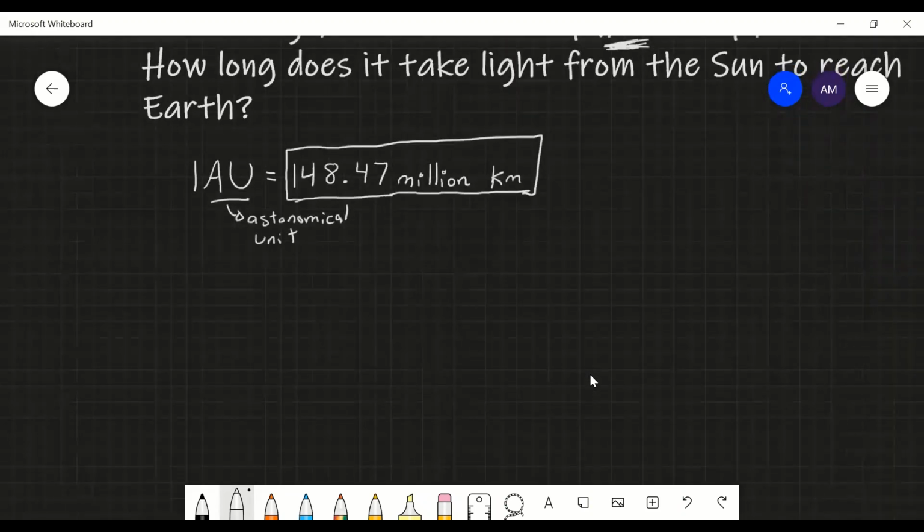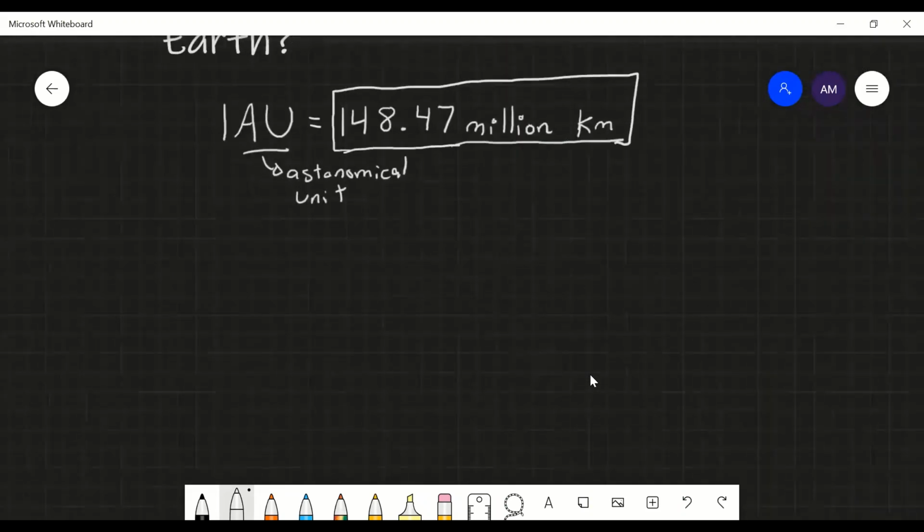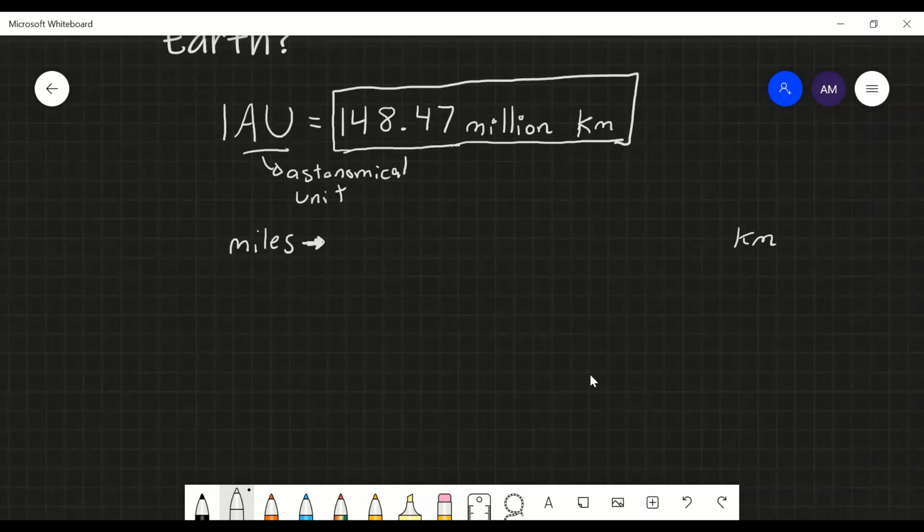Say I wanted to take my miles and convert them to kilometers, the way that you might have seen in one of the previous videos on conversion, we'd have to go from miles to feet, feet to inches, inches to centimeters, centimeters to meters, and then meters to kilometers. That's going to take quite a bit of time.